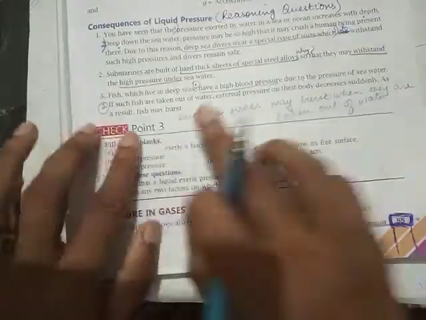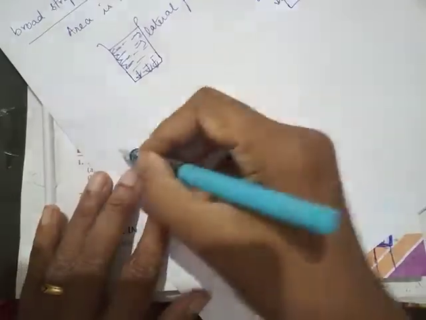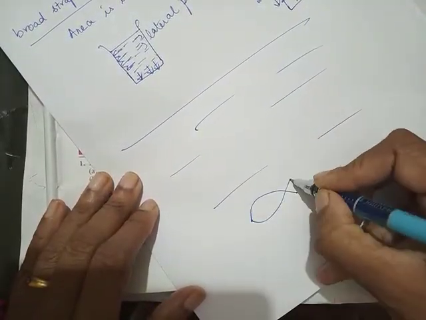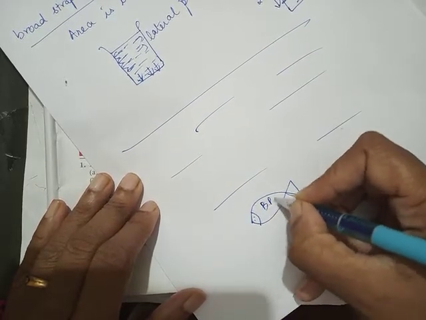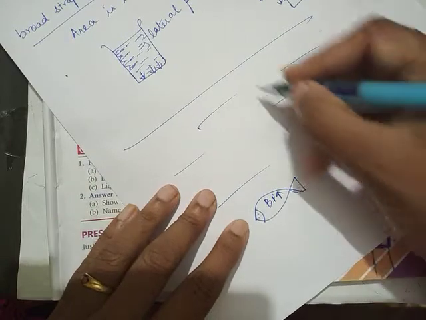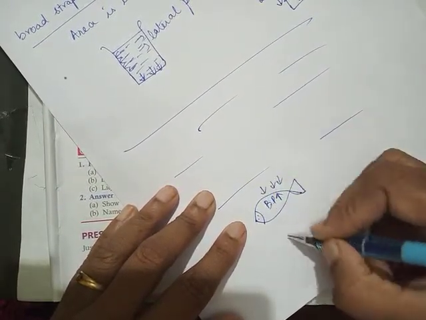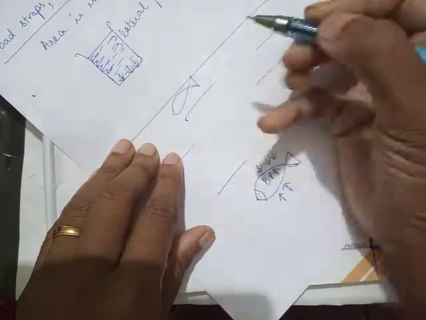Now deep sea fishes, if you bring them to the top: fishes which normally live in deep sea, their blood pressure will be high because the pressure from outside is also high. Now such fishes, if they come to the top, what happens?